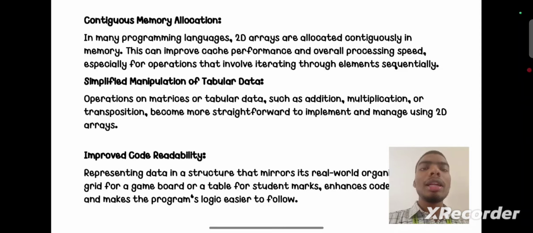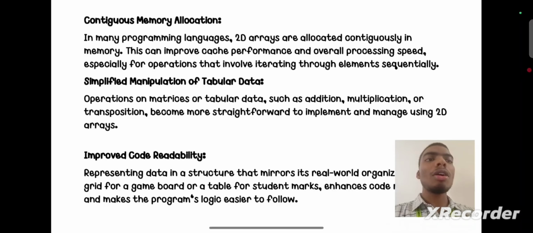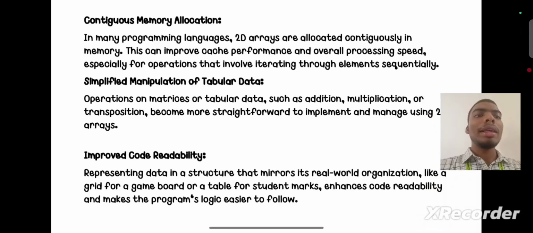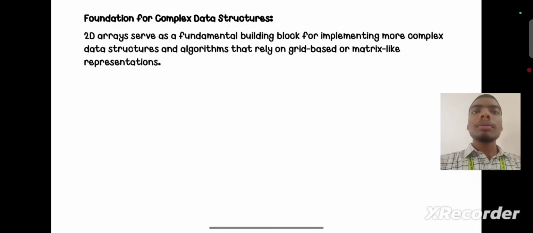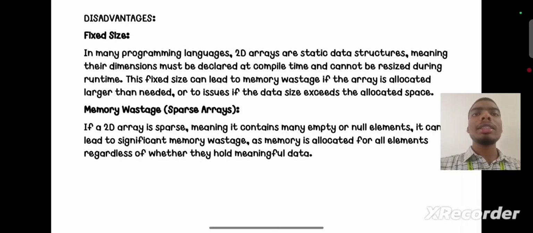Improved code readability: representing data in a structure that mirrors real-world organization, like a grid, a game board, or a table for student marks, enhances code readability and makes the program's logic easier to follow. A 2D array serves as a fundamental building block for implementing more complex data structures and algorithms that rely on grid-based or matrix-like representations. Disadvantages.